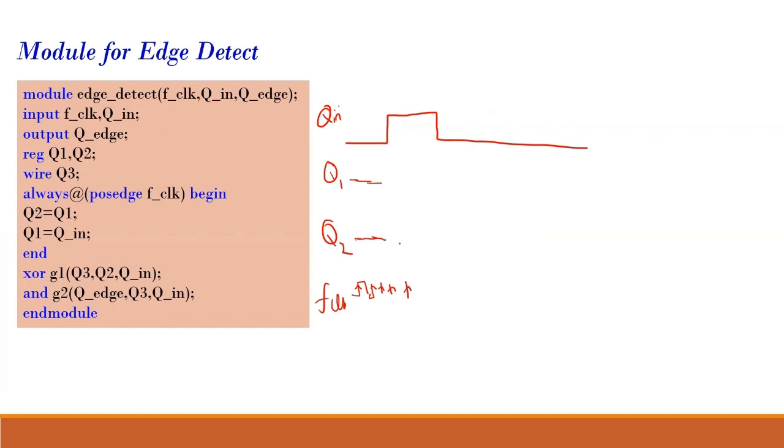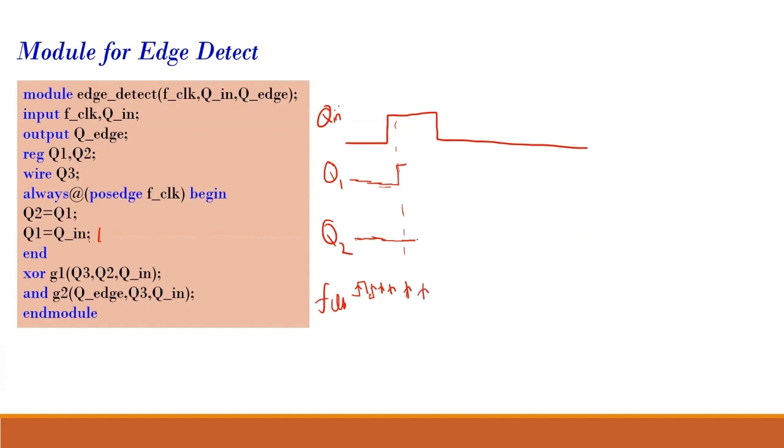Then suppose a clock comes over here and Qn has gone high. What will happen to Q2? It will take the value of Q1. Q1 was 0, so Q2 will hold its value. But Q1 will be assigned the value of Qn, so that will go high. Then my next clock comes.